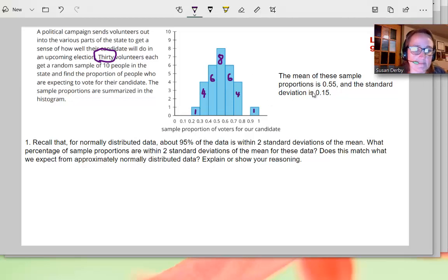It tells us that the mean of these proportions is 0.55, so 55% of people in total are expecting to vote for the candidate, and a standard deviation, remember that idea of what we consider still normal within this data, of 0.15. So if we're at 0.55 plus 0.15, we're looking at 0.7, one standard deviation, and down to 0.4, one standard deviation below the mean.